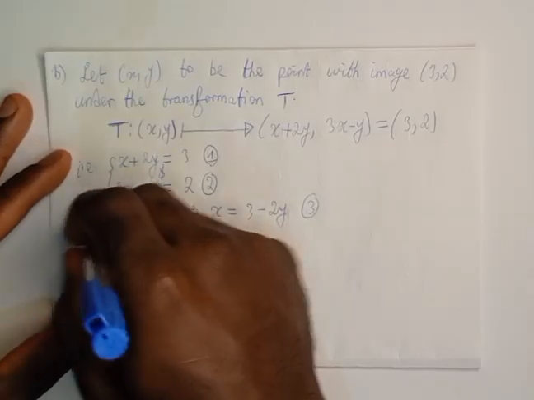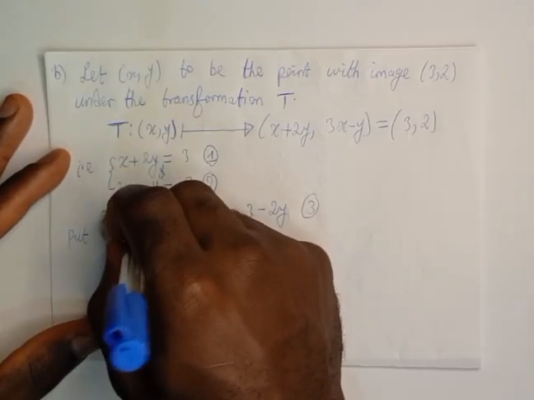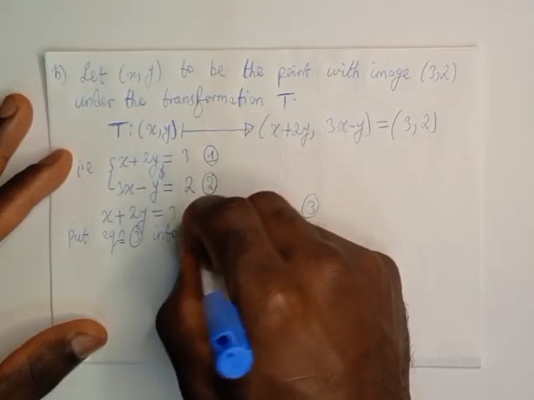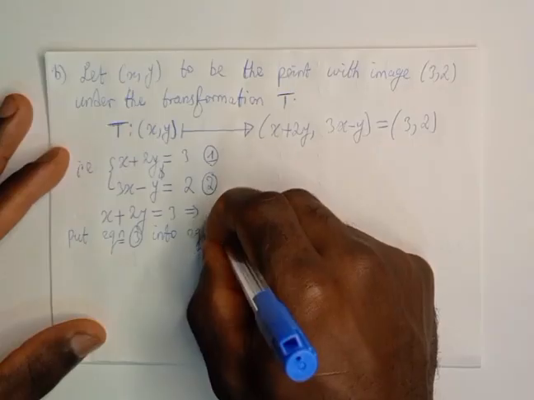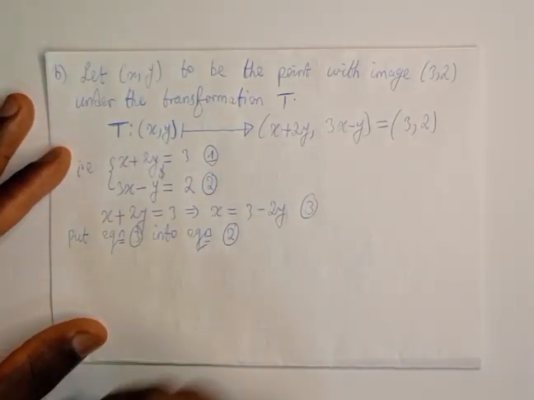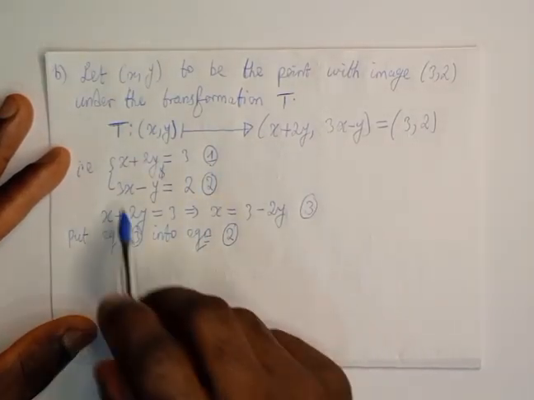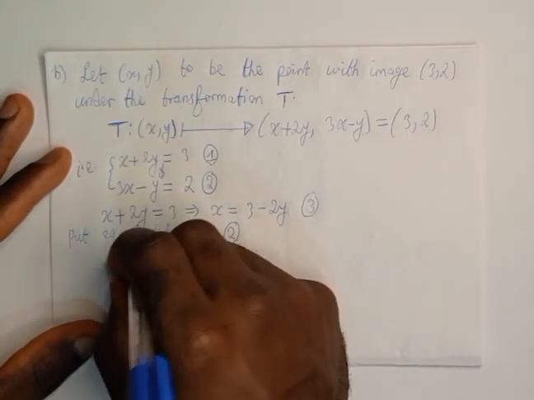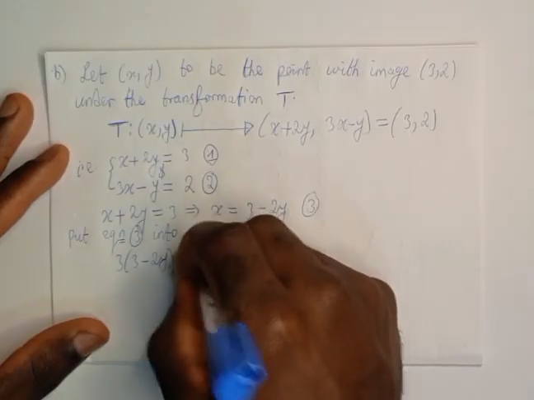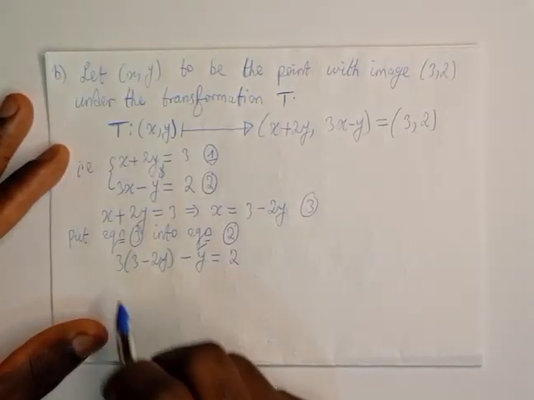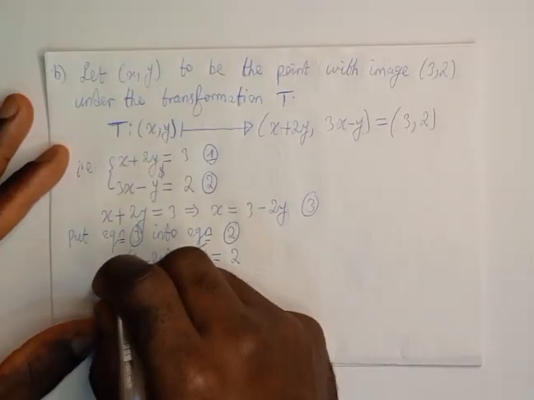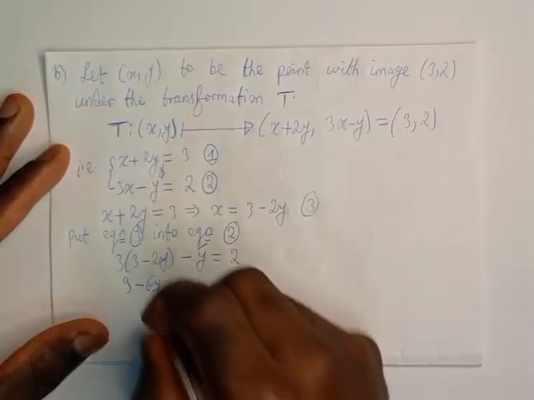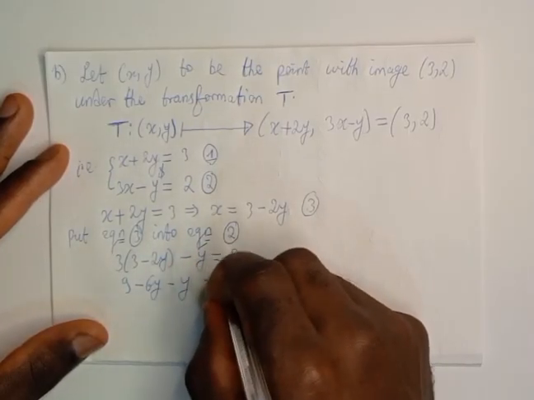Next, we put equation 3 into equation 2, which has not been used. In equation 2, anywhere we see x, we replace x with 3 − 2y. This gives 3(3 − 2y) − y = 2. Expanding this bracket, 3 times 3 is 9, and 3 times −2y gives −6y, so 9 − 6y − y = 2.